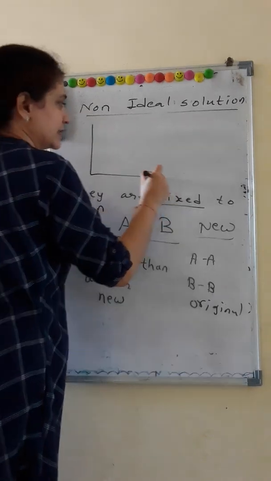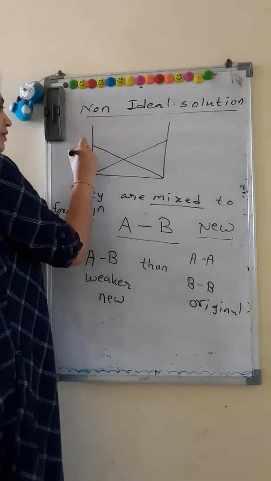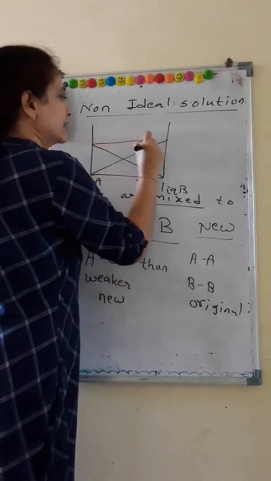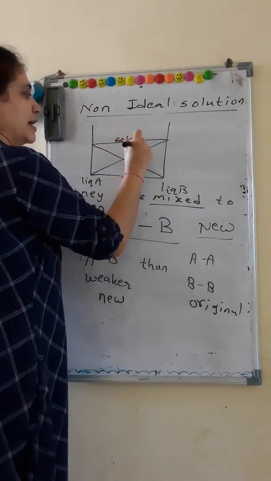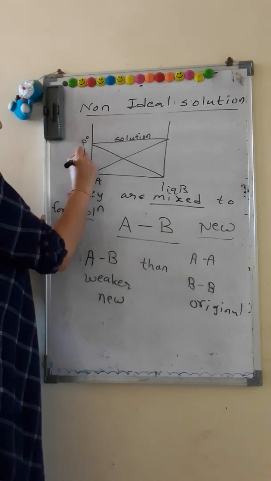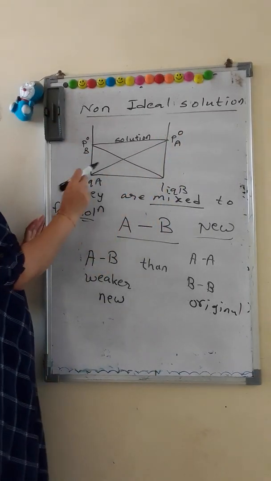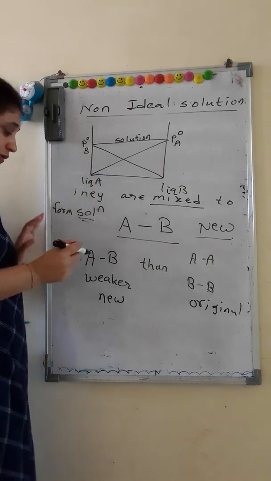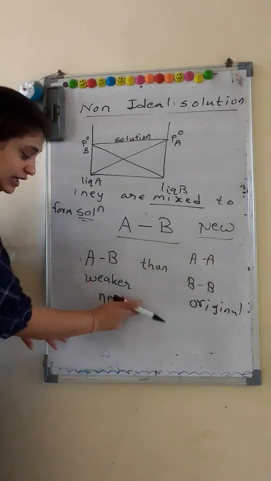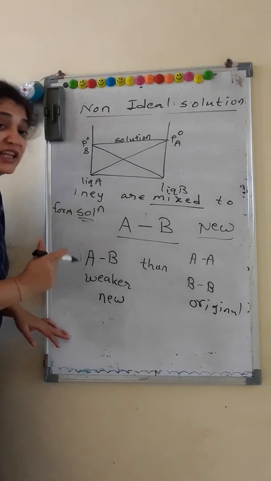if the graph is obtained like this for ideal behavior of liquid A and liquid B, and this is the line of solution when both the liquids are mixed. This is P0 B, this is P0 A. So when the graph is formed and we get a solution line, when the solution is showing non-ideal behavior, that time if this is weaker, then all the time the vapor phase composition will be greater than the original one.